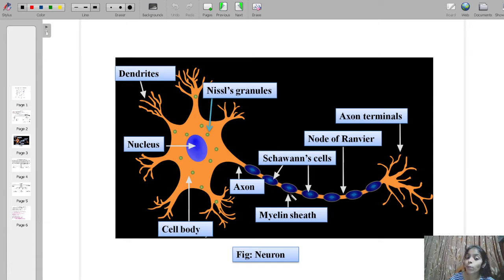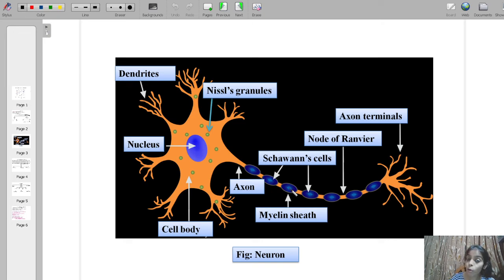So that is why myelin sheath covers the axon at certain intervals, so that this mixing of nerve impulses between adjacent neurons cannot take place, because lipid acts as insulator. Myelin sheath is made up of lipid, and lipid is acting as an insulator.